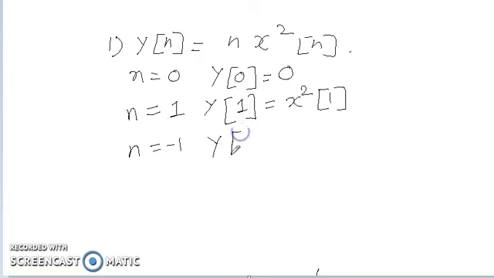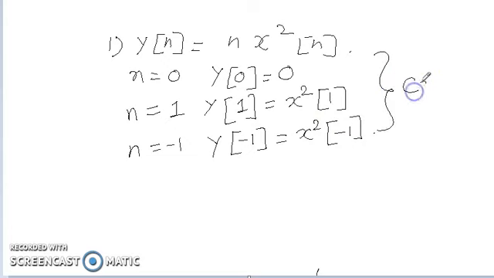We are getting the output at n equal to minus 1, and the output is dependent on that particular state only. So from these three equations we can determine that this system is actually a causal one, because the output of the system depends only on the present input.